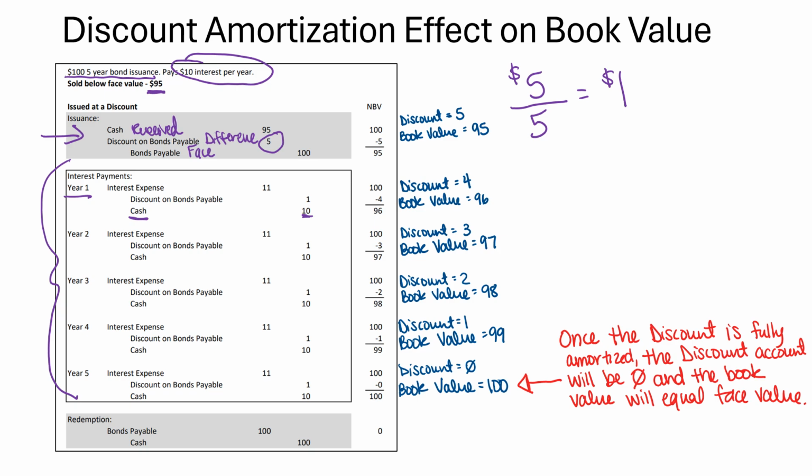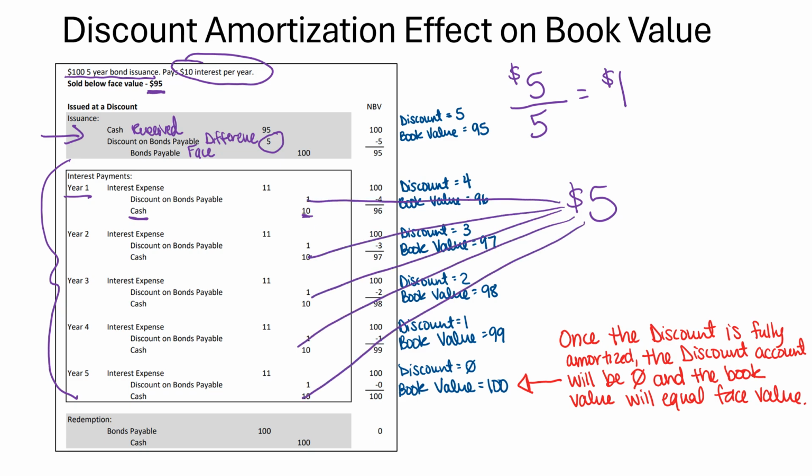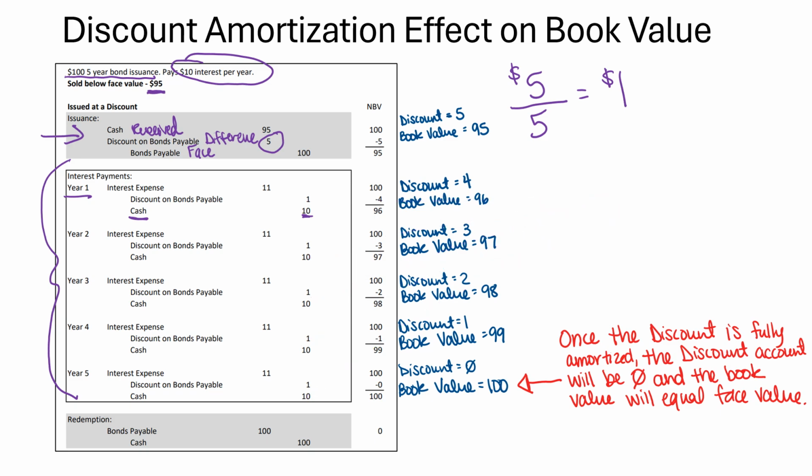What we also have to do is allocate part of that $5. So the $5 will be spread between 1, 2, 3, for 5 years. So each year in the interest journal entry, you will see $1 of that discount being allocated.